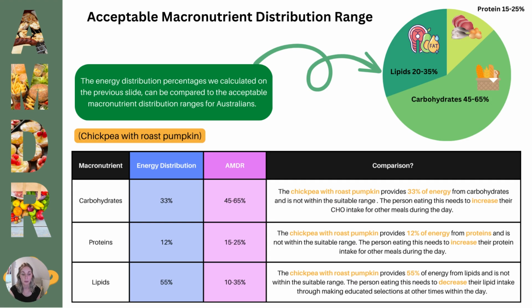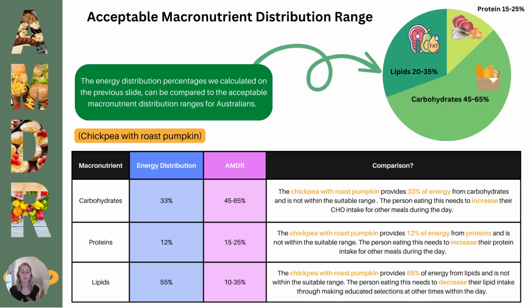You can see here that protein is at 12%, which is under the AMDR, even the lower end of the acceptable macronutrient distribution range. So they would also need to increase their protein throughout the day. Lipids, however, are at 55%, which is 20% over the upper level of that recommended macronutrient distribution range. So the person that's eating this meal needs to decrease the amount of lipids they consume throughout the rest of the day and make educated selections of their food.